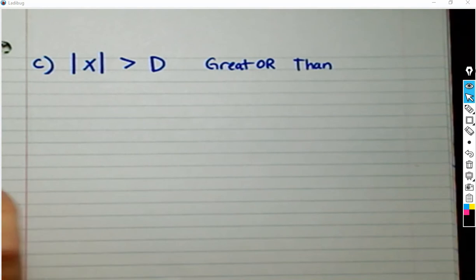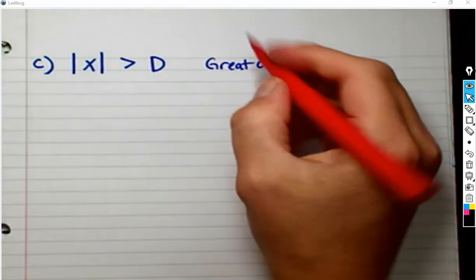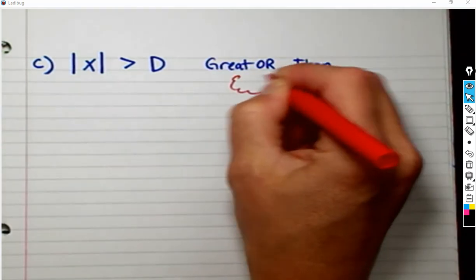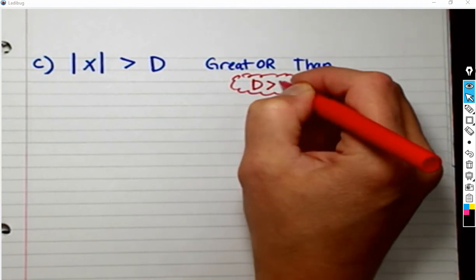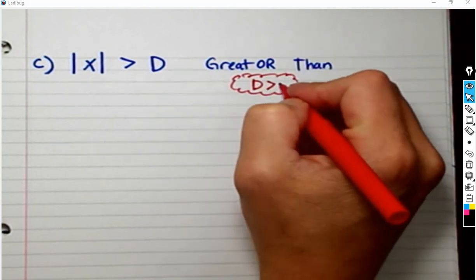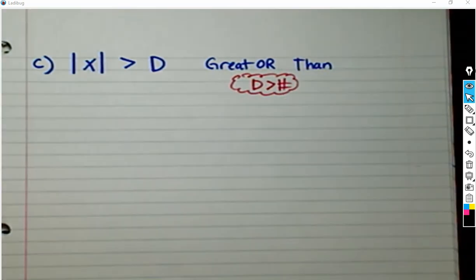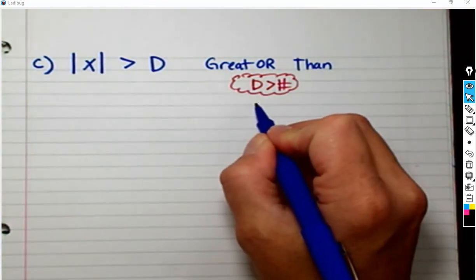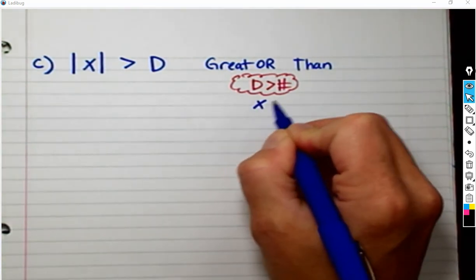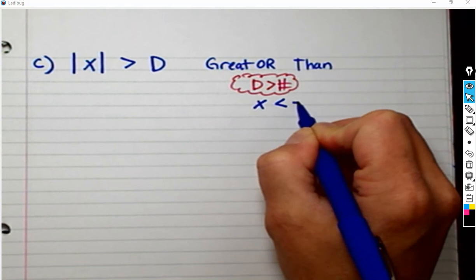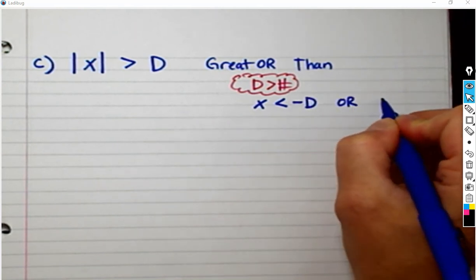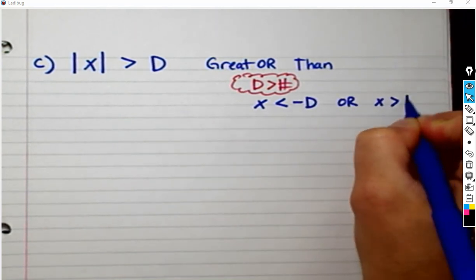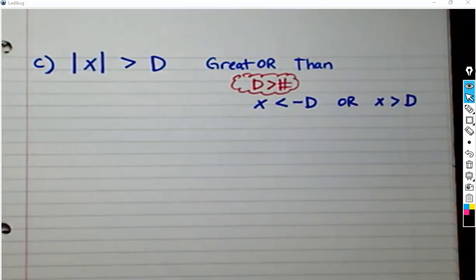Okay, so when it is greater than, we are thinking, can my distance be more than a number? Yes. When it's more than, it splits into 2 pieces, where x is to the left of the negative distance or x to the right of the positive distance.